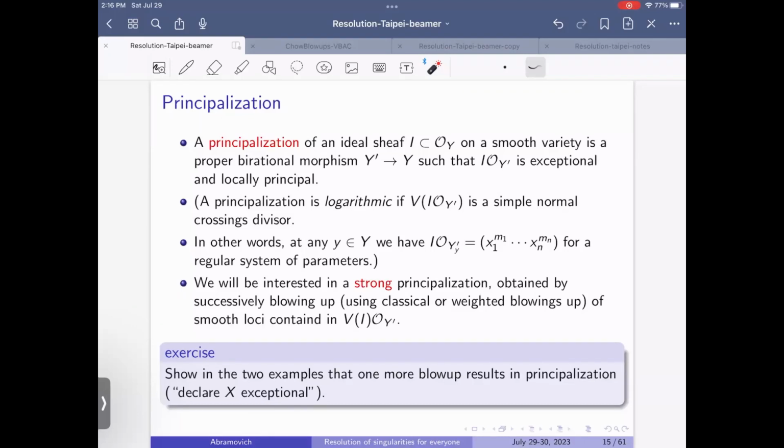So logarithmically smooth is a synonym in birational geometry for a smooth variety with a normal crossings divisor. I hope this answers the question.